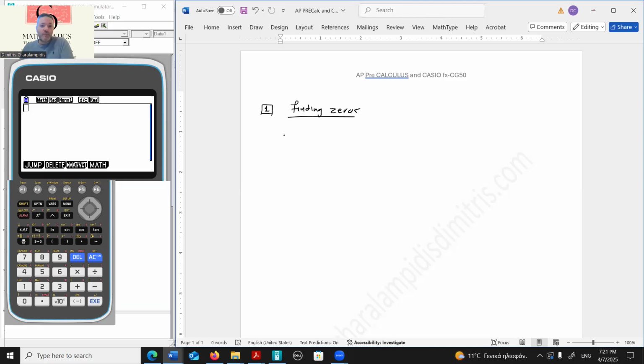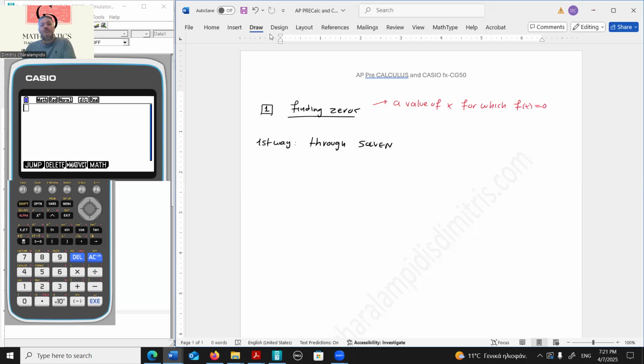Assuming that the function will be provided by the AP itself, we have 2 ways. First way is through the solve command.